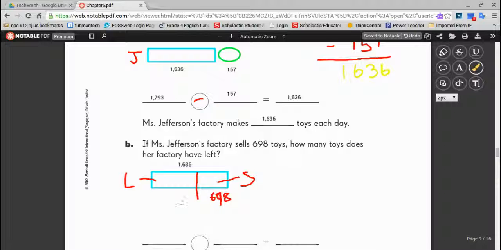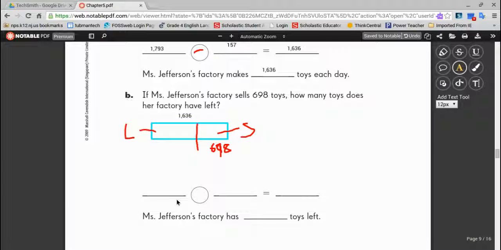So I want to figure out how many she has left. And when I split something apart, what I'm really doing again is subtracting. So I'm subtracting 1,636 and 698.